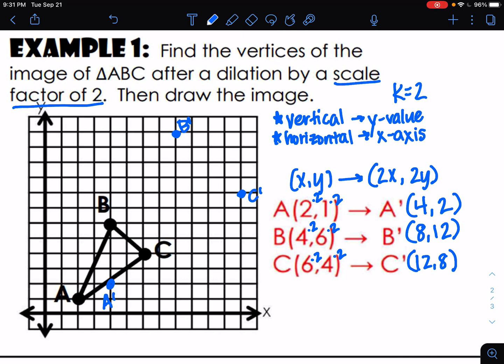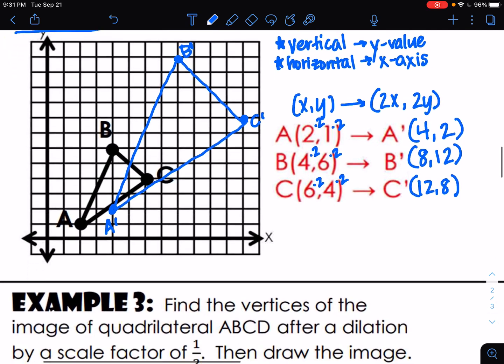All right, so once we have our coordinate points plotted, we're going to connect them with a straight edge, making them as neat as possible. And we can clearly see that this image is an enlargement from the pre-image.